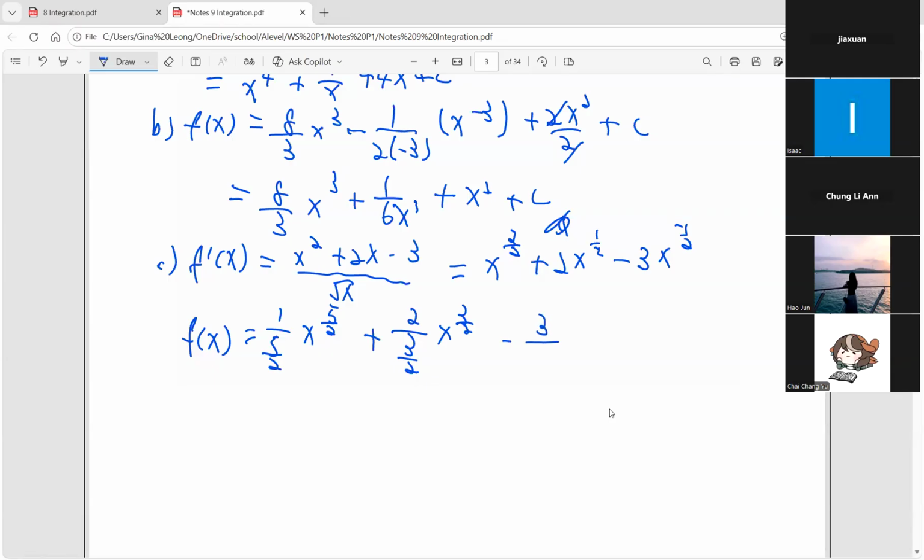This one you plus 1, become half, then half. Always remember to plus c. Then this one upside down, I become 2 over 5 x to the 5 over 2, plus this one becomes 4 over 3 x to the 3 over 2. Then this one also upside down becomes negative 6 x to the half, plus c.